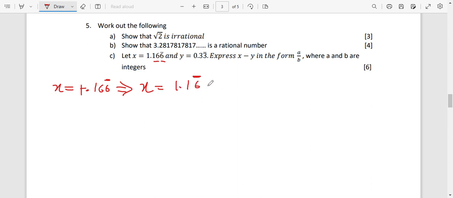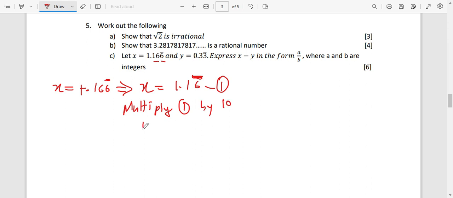So here I'm going to multiply this equation, which is equation 1, by what value? So that the decimal point goes in front of the bar. Very good.